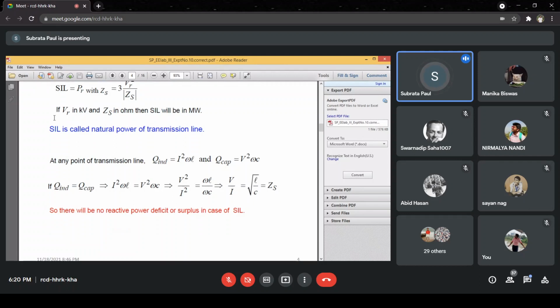These quantities have been covered in your theory part, I suppose, but just for recapitulation and ready reference, I am mentioning them.